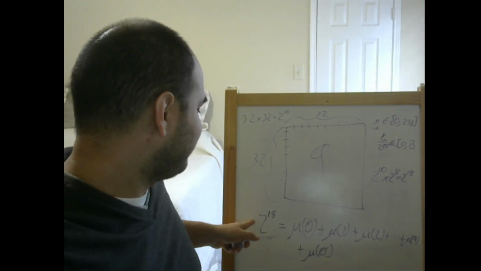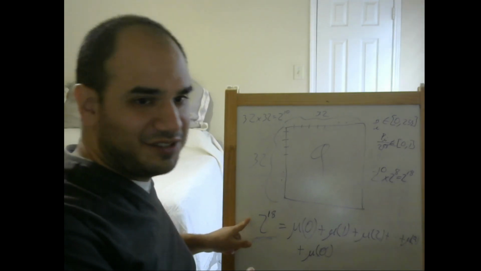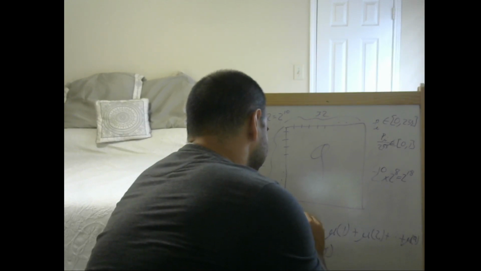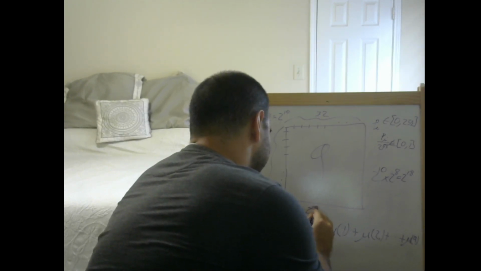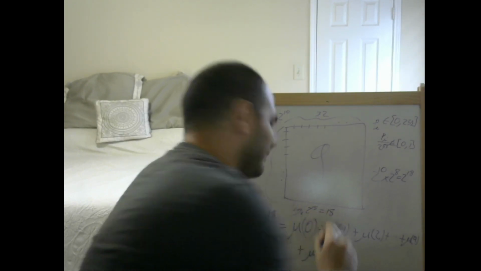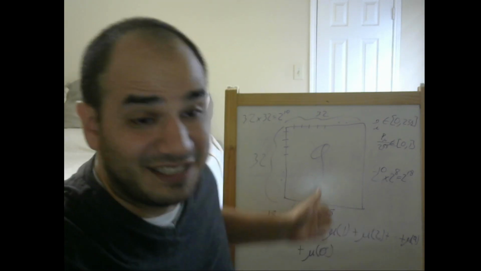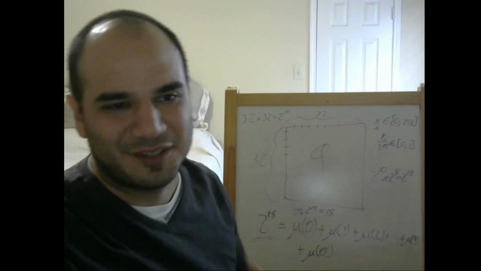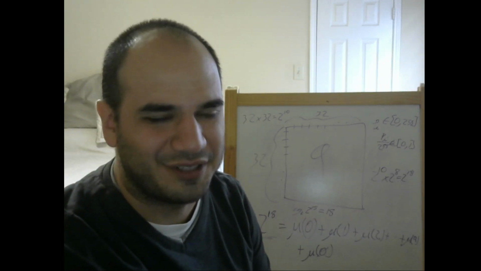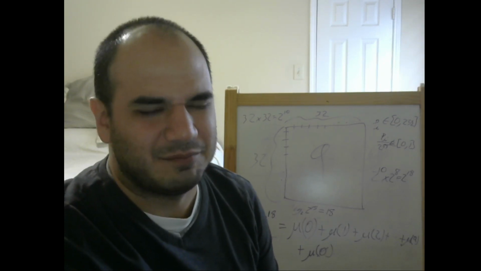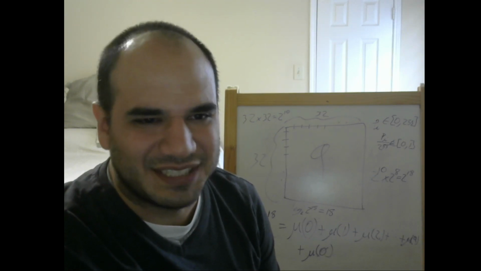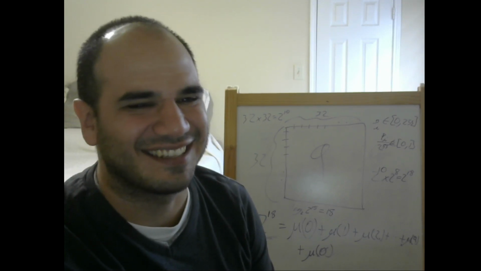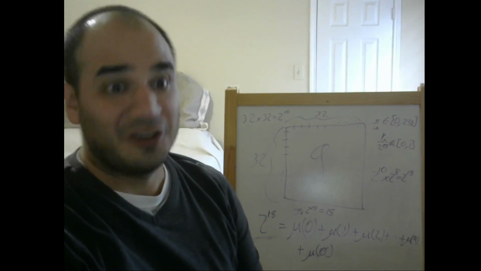So log base 2 of 2 to the 18 is just 18. So we need 18 levels of comparison in order to do this. But what does that comparison look like? That's not exactly clear.